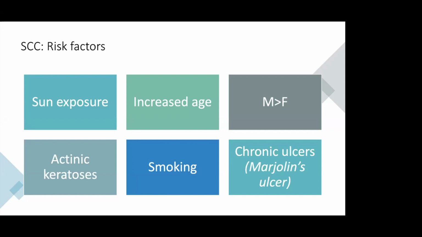Smoking is a key risk factor, and that's something you will have elicited when you've taken your social history, when you've been clerking the patient. Chronic ulcers are also an important thing to consider, and they carry a risk of developing into squamous cell carcinoma. So it's important in both your history taking and your examination to consider this.